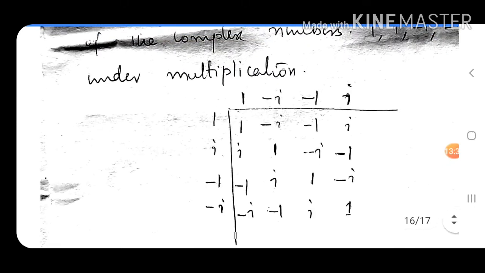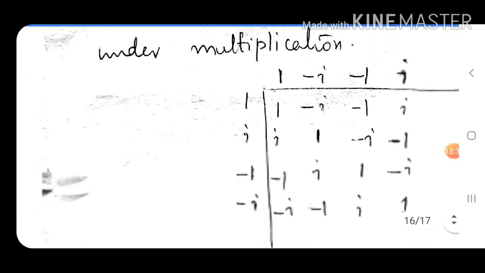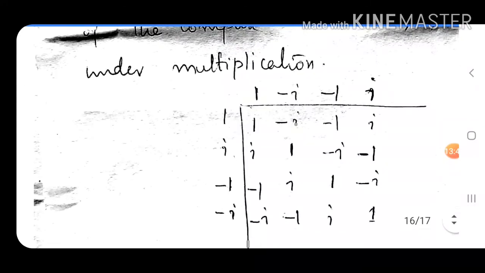On the row we have written 1, minus i, minus 1, i, and on the column 1, i, minus 1, minus i. The ordering is different. We haven't used the same order for the row as that of the column.